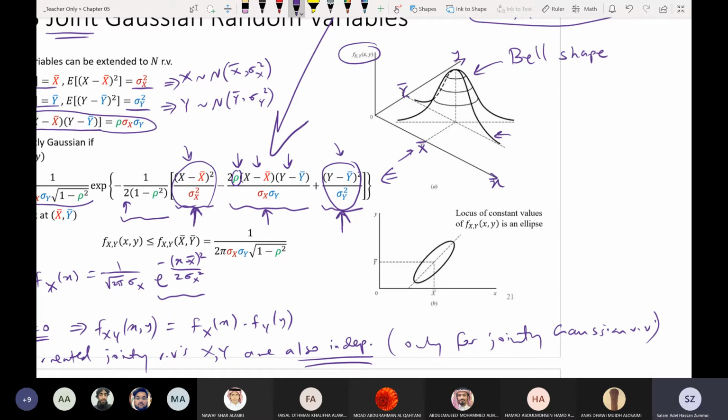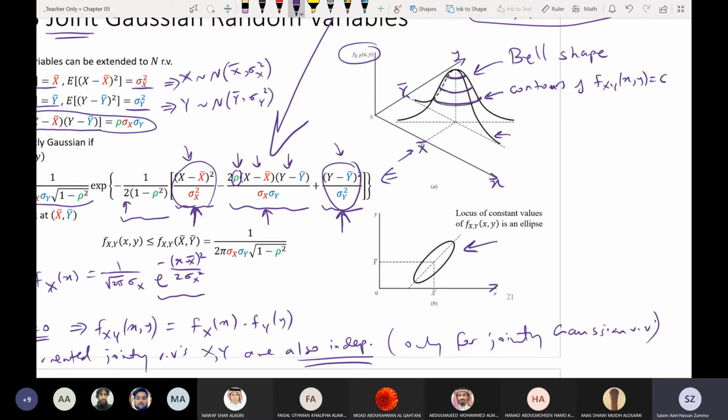Now if I look at the contours of constant values, this or this or this, basically I fix the value of this contour. Contours of fixed value, of constant value, of f xy(x,y) equals c, constant value. These contours look like this.